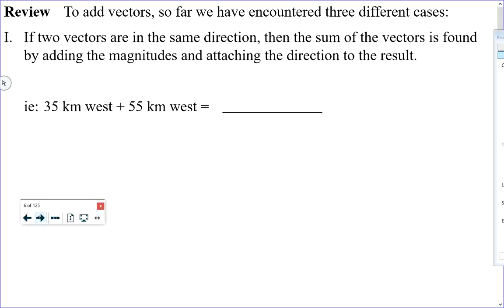You can add these 2 together and get what I believe is 90 kilometers west. Okay, so this is 90 kilometers, and the direction is west. And again, very, very basic. That's the first case. And I would say that it requires almost 0 thought and certainly no work. There's nothing you have to write down on paper to explain this.